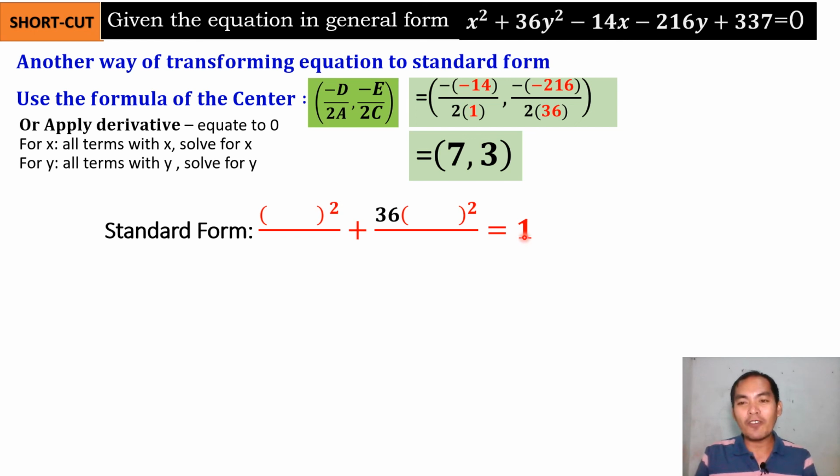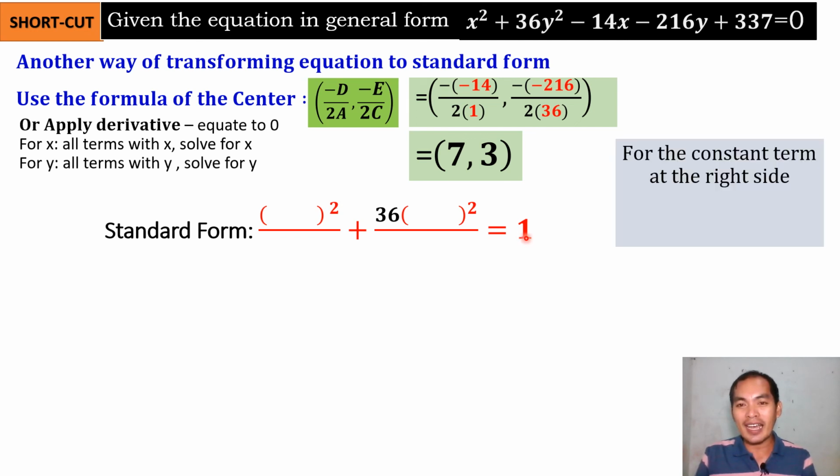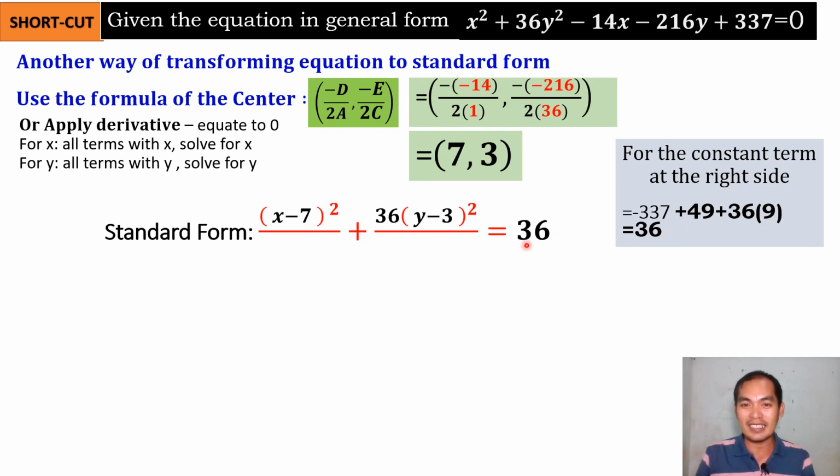So, to get the number at the right side, you transpose positive 337 to the other side, became negative 337 plus 49. Paano na kung 49? 14. Itong sa x, 14 divided by 2 is 7, square it is 49. Then 216 divided by 36 is 6. Then divide it by 2, always by 2, is 3, square it is 9. That is why we have here, when you simplify, 36.